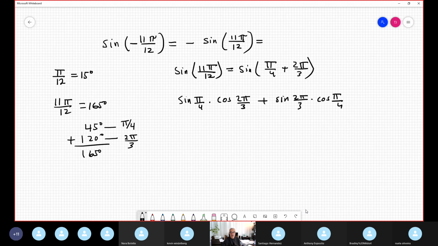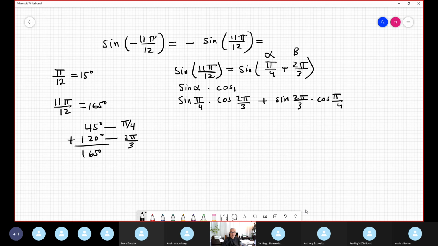I assume that this guy is alpha and this guy is beta, no? I copied exactly this formula. It's a trigonometry identity. I copy it from the cheat sheet and paste it on the whiteboard.